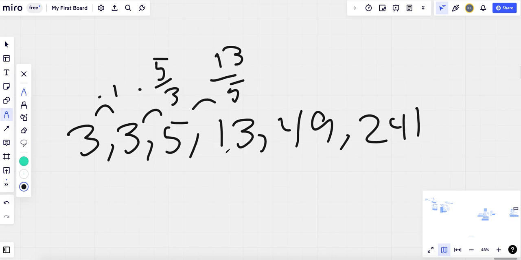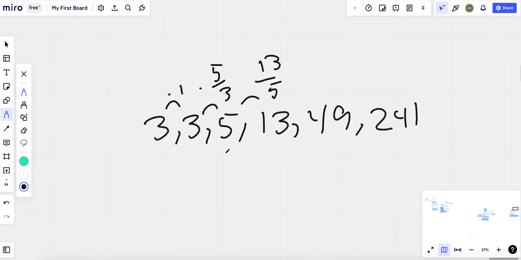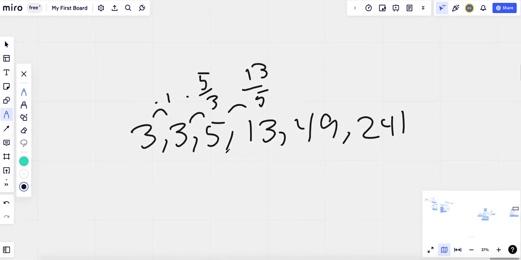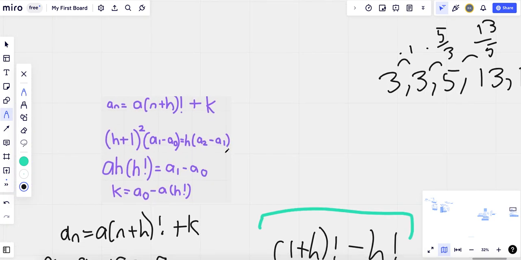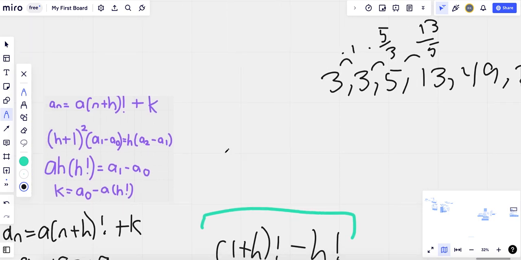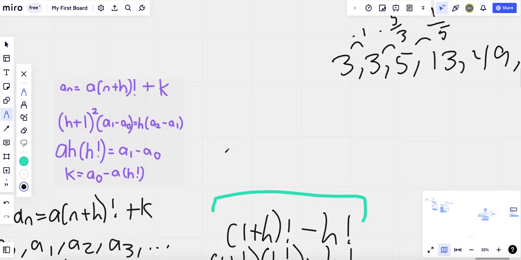And these ratios are constantly increasing. Because of that, we can infer that it's going to be related to this factorial template in some way. So that's a reason we would test it against this template.